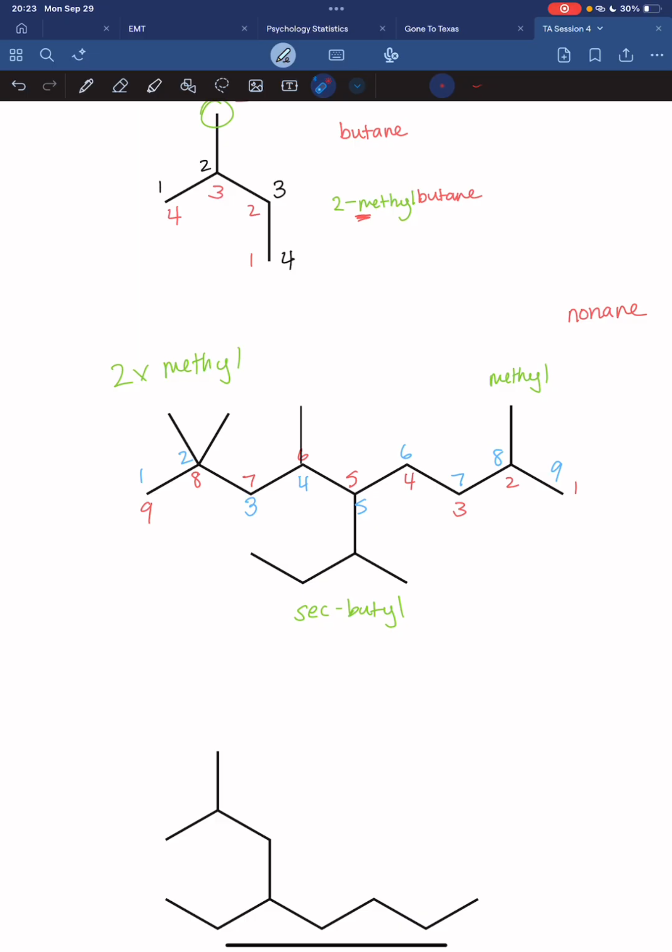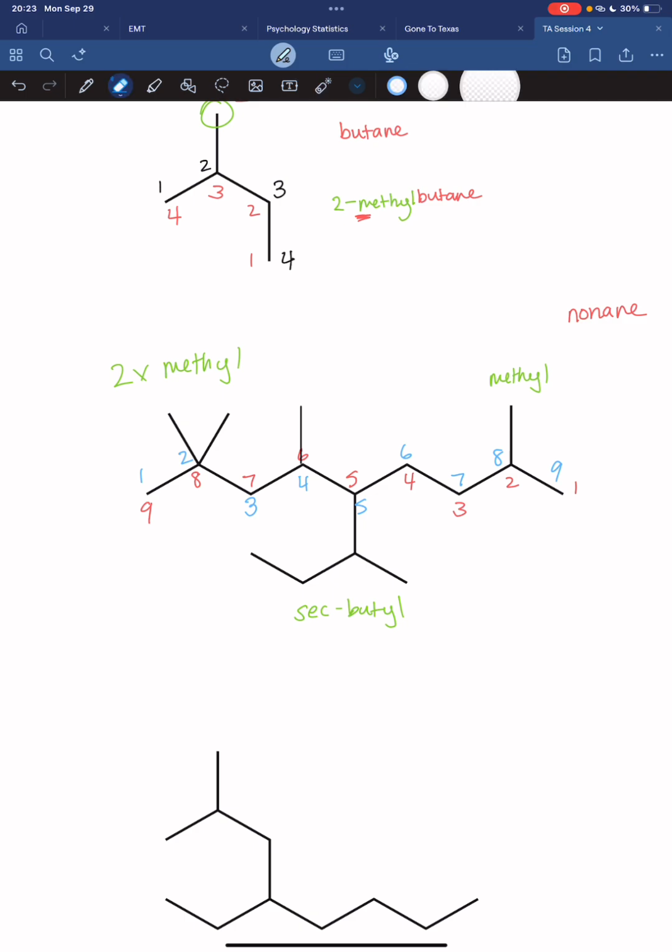The way I would break the tie is to look at which path has the next substituent appearing first. In the red path, my second substituent only appears at carbon 5. If I went the blue path, my second substituent occurs at carbon 4. So 4 beats 5, I would take the blue path.